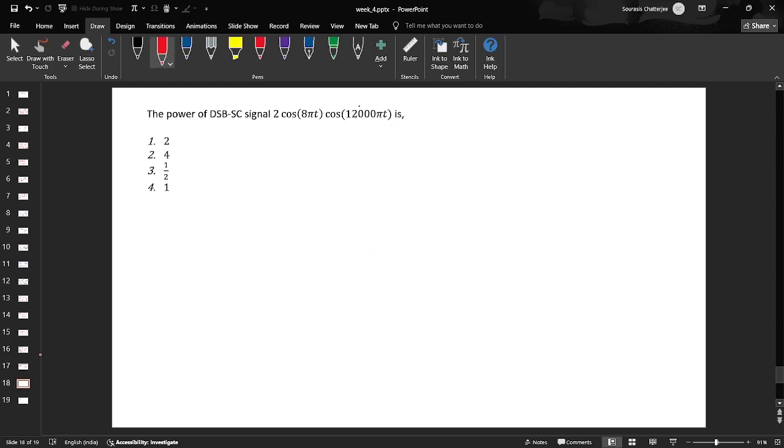We have shown that the power of this term is 1/2, the power of this message term is 1/2, and this one would be 2² times 4. Essentially we need to multiply all these three, so we will get 1 here.